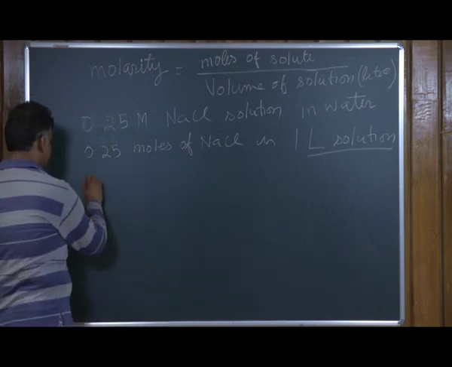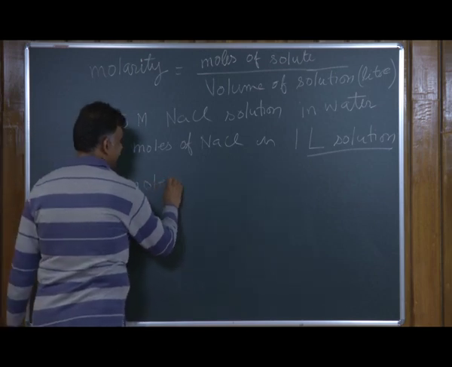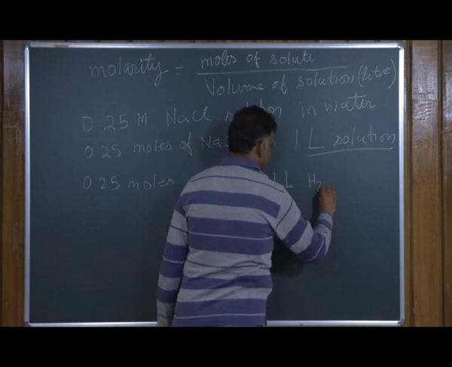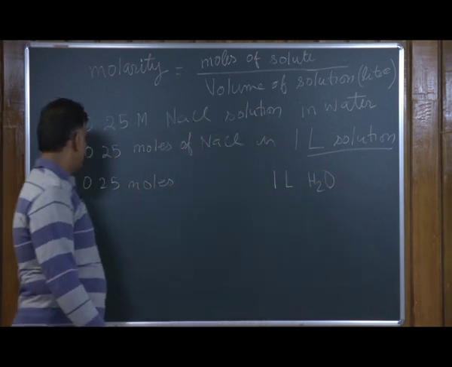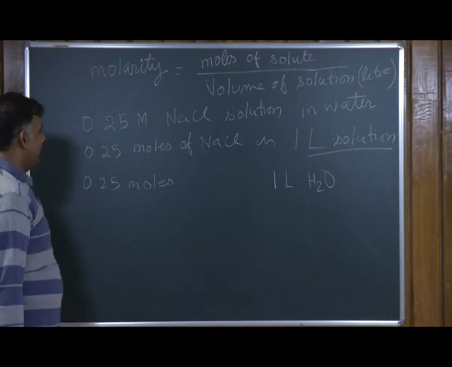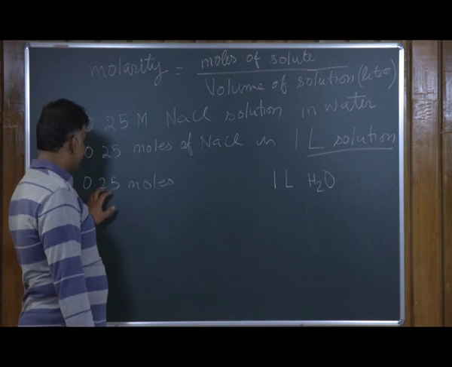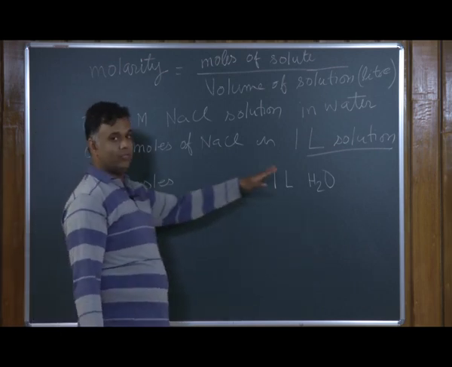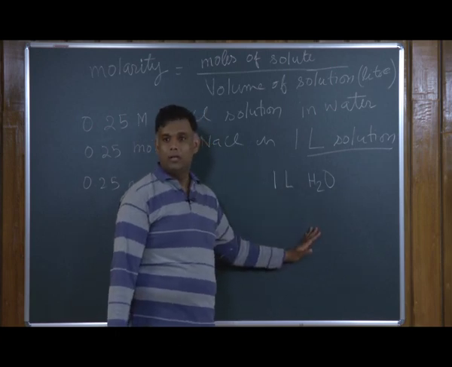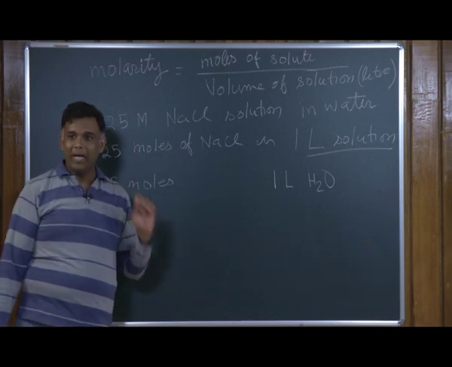If I dissolve 0.25 moles of NaCl in 1 liter water, it is not necessary that it is going to give me 0.25 molar NaCl solution, because adding 0.25 moles of NaCl in 1 liter water is going to change the volume of this solution.